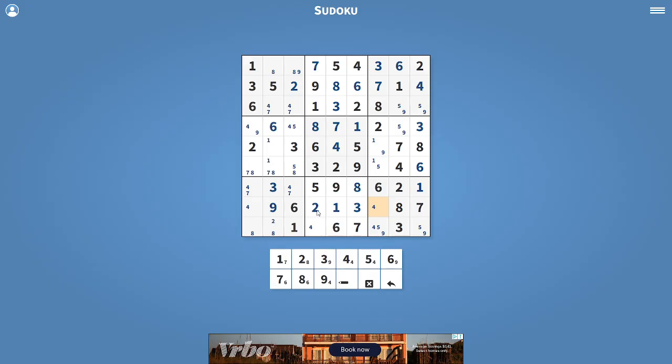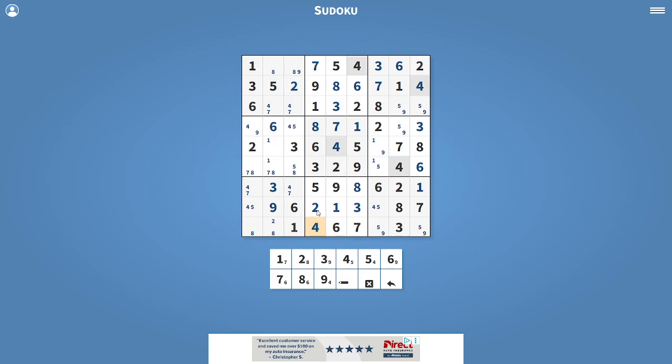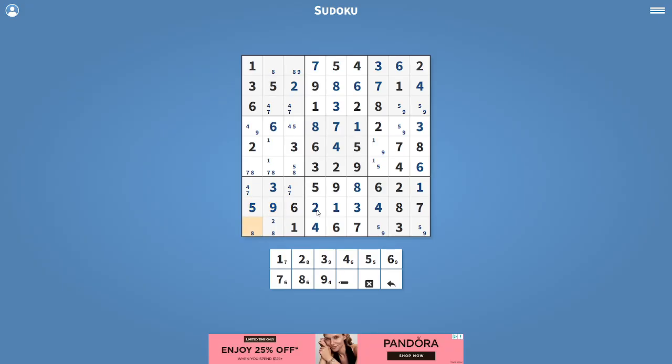Which now opens this up. What are we missing here? 5? Yeah, so that's 4 and 5. Which means that's just a 4. Which means this will be a 4. That's a 5. 8, 2.